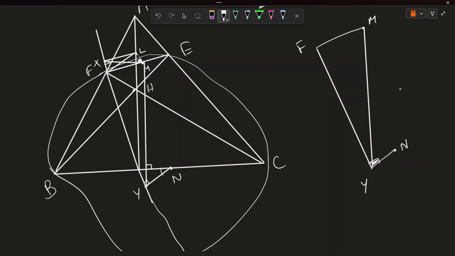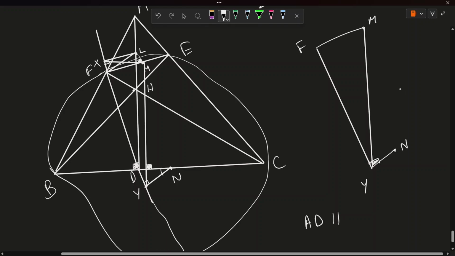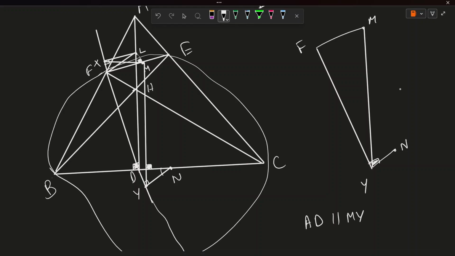Which means that this angle is 90 degrees, and this angle is 90 degrees. Also notice that this was the point D. AD is also perpendicular to BC, so this angle is also 90 degrees. From these two facts, we get that AD is parallel to MY.